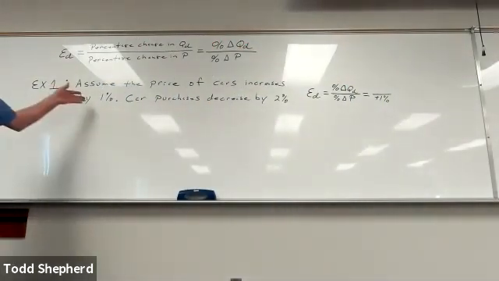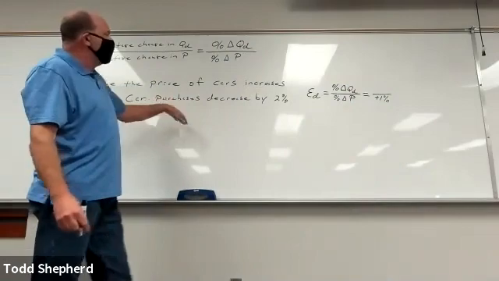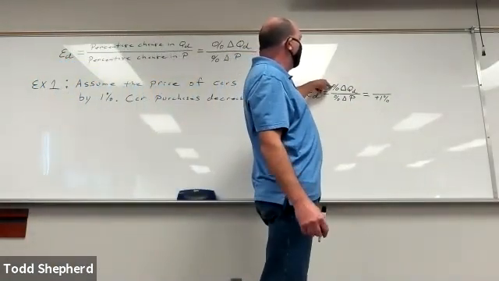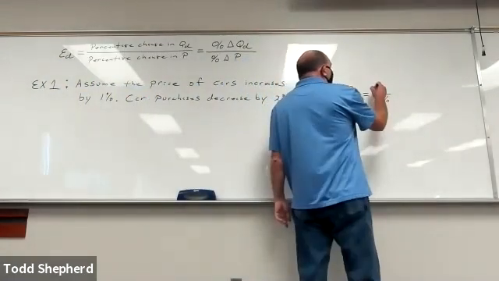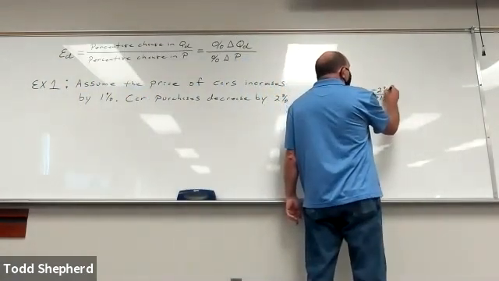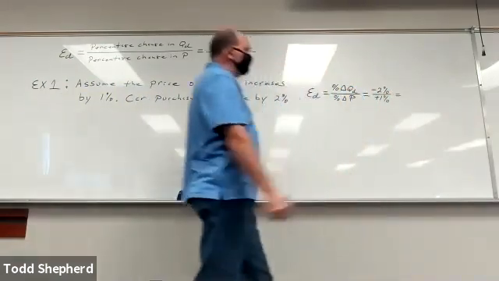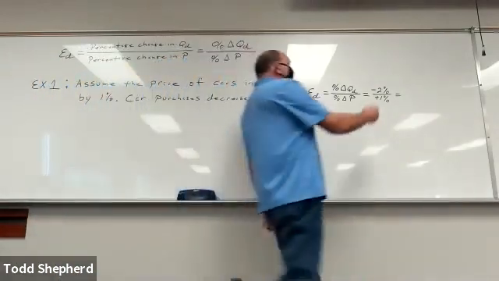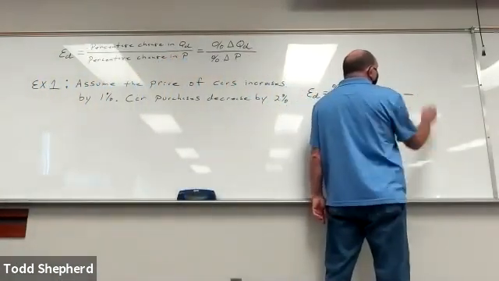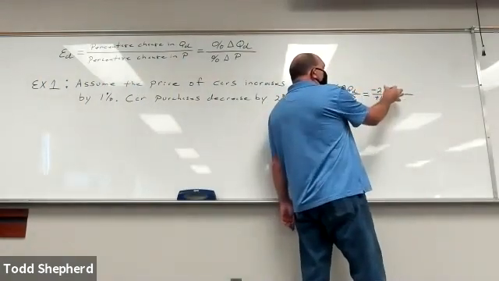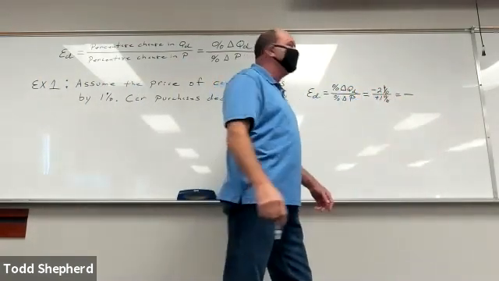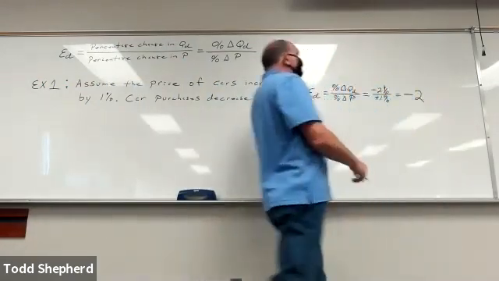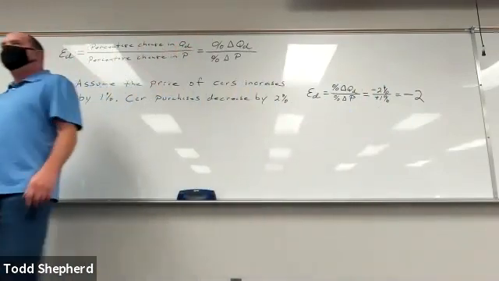When that price increased by 1%, car purchases decreased by 2%. So in the numerator, the percentage change in quantity demanded is a negative 2%. Negative divided by a positive is a negative. The percentages will cancel themselves out, and 2 divided by 1 is 2. So we come up with a number of -2.